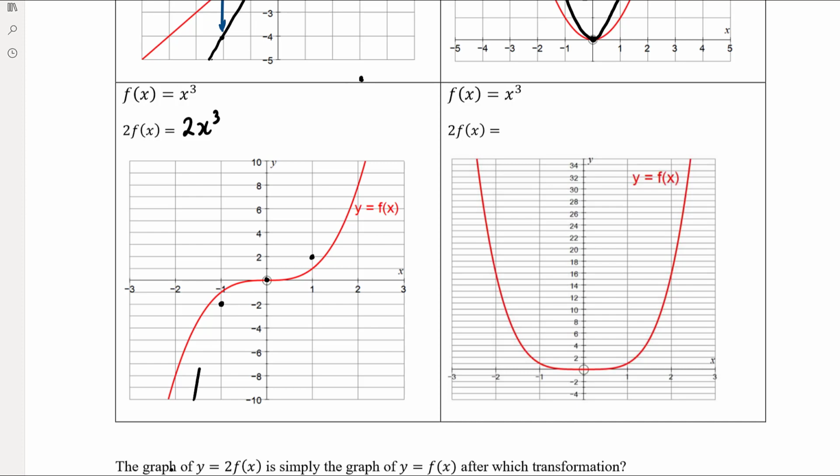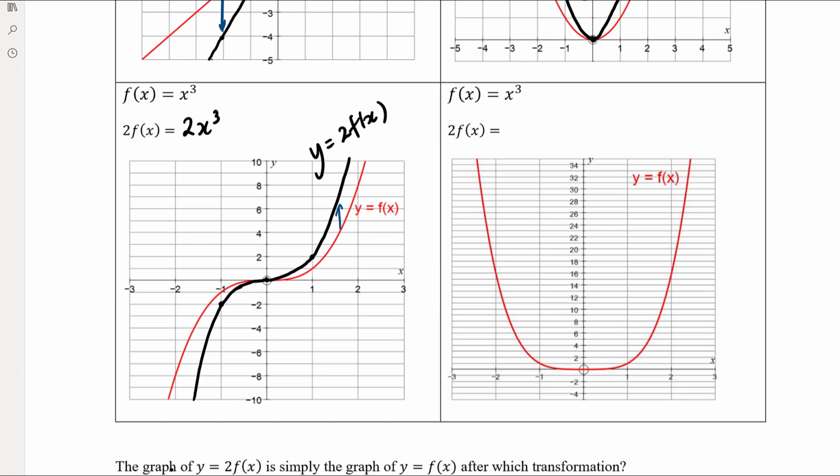So it's going to be a much steeper cubic. And so we have y equals 2 times f of x, doubling all the y values.